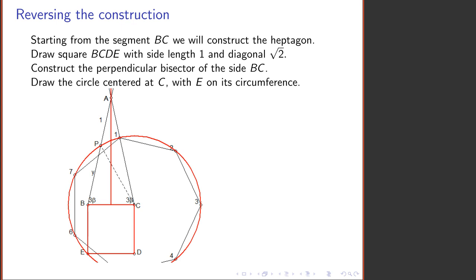I'm going to construct a square of side 1. The diagonal of that square is the square root of 2. So if I draw a circle centered at point C that passes through the opposite corner of the square at E, I have a circle whose radius is the square root of 2.